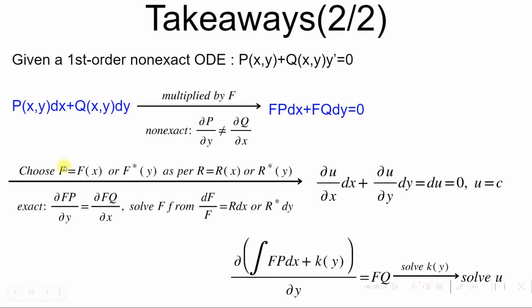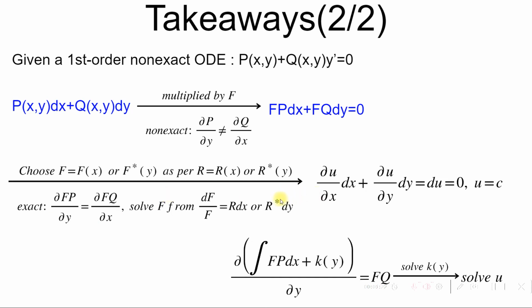And if we choose f as f of x or f star of y, whereas r of x or r star of y exists respectively, then supposedly we can solve for f from this expression. This is the result of shuffling terms from this expression.